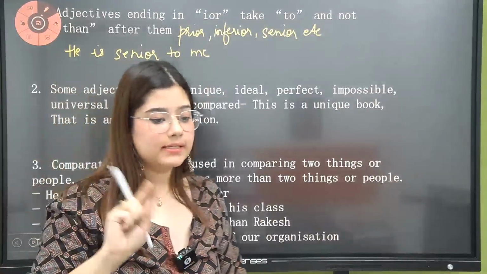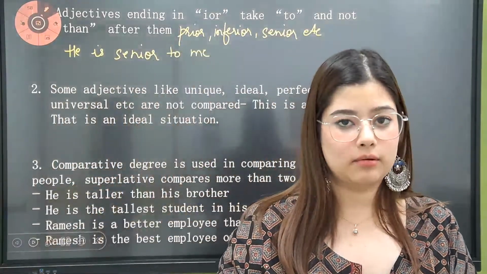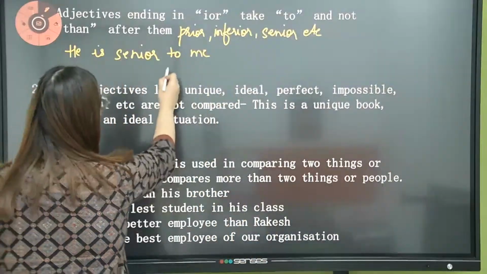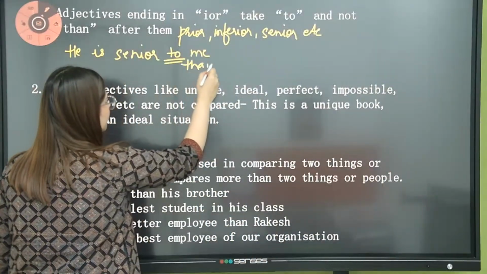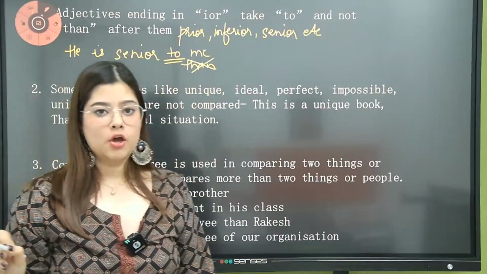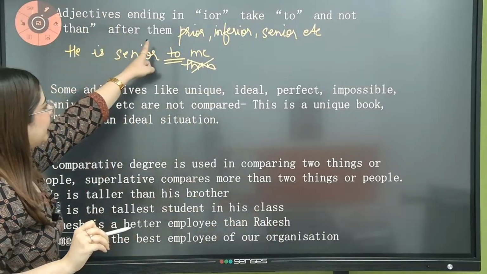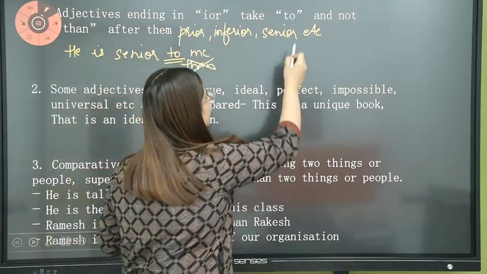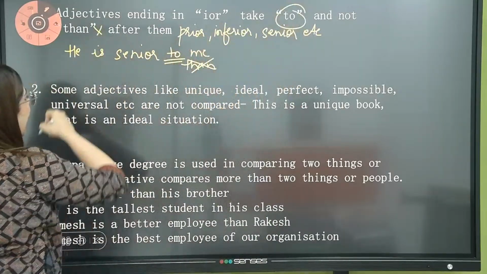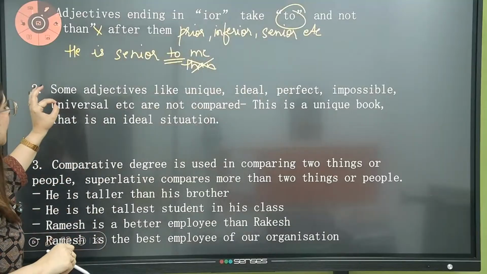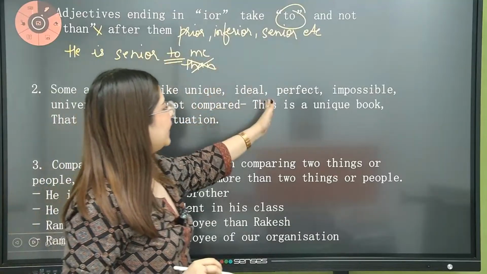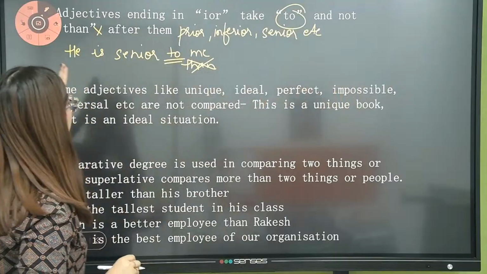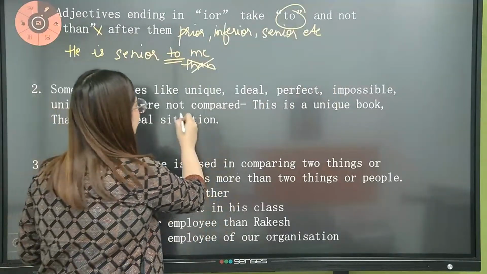I would not say he is senior than me, he is junior than me. No, I would use to. If I use than here, it would be incorrect. So generally, adjectives that end in IOR take to and not than. Next, some adjectives like unique, ideal, perfect, impossible, universal, they cannot be compared.